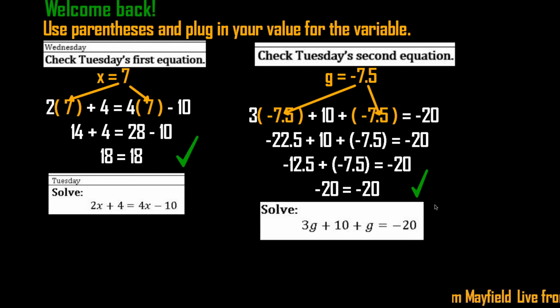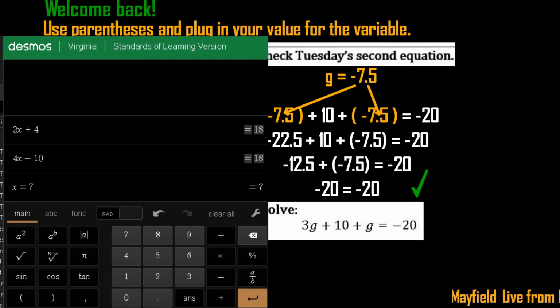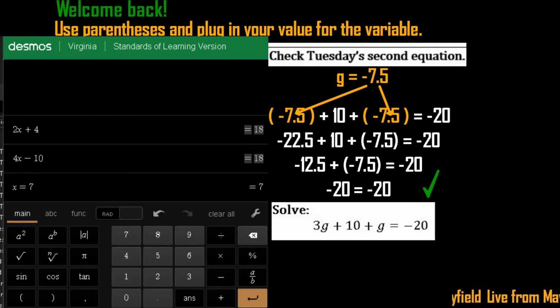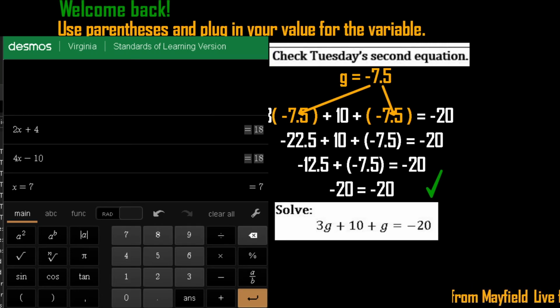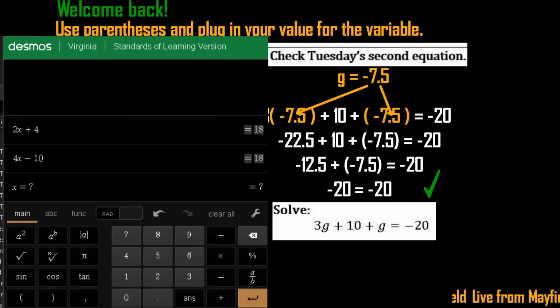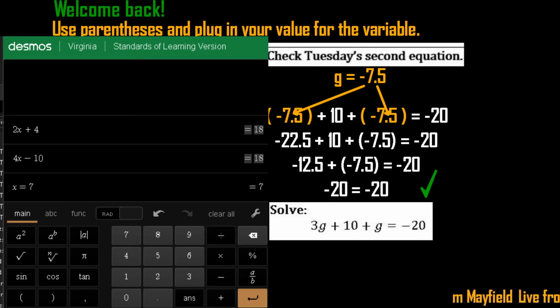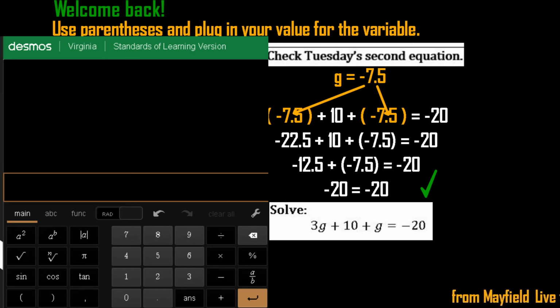Again, we can check using that same idea with Desmos. On the right side of your equation, you already have negative 20, so all you have to do is put in your left side.